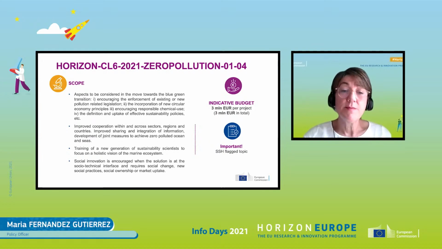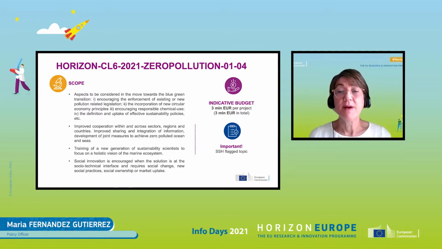A third very important element is the training of a new generation of sustainability scientists who have a holistic vision of marine ecosystems. And an important feature of the project is that social innovation is encouraged when solutions are at the interface between social and technical and require societal change.